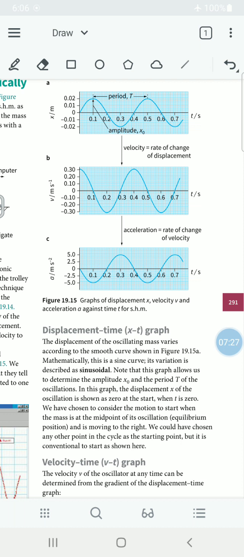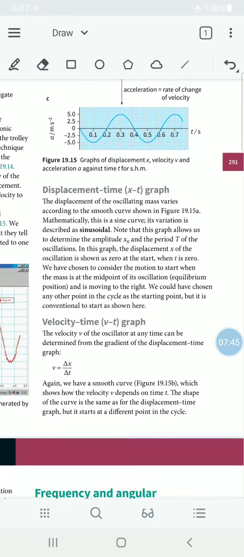But we have taken to measure it starting from there. We can choose any other point, but it is easier and conventional to measure from there. I hope you understood all the details and explanation of the displacement time graph.